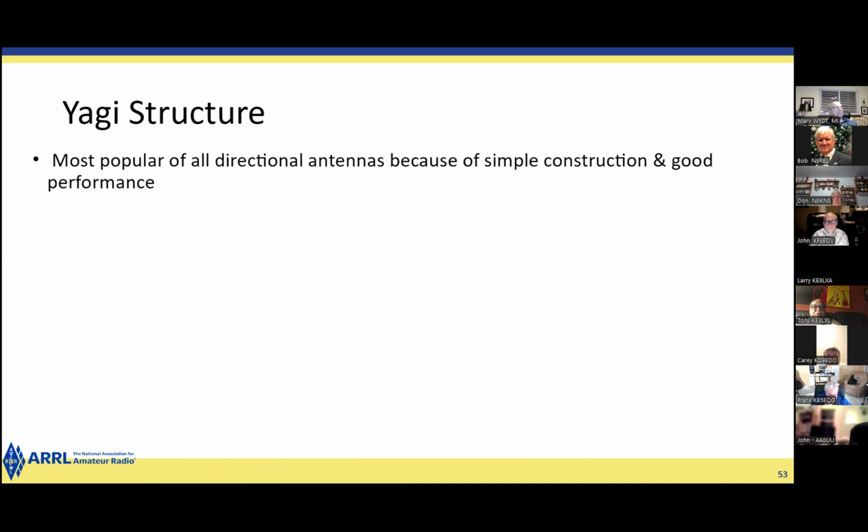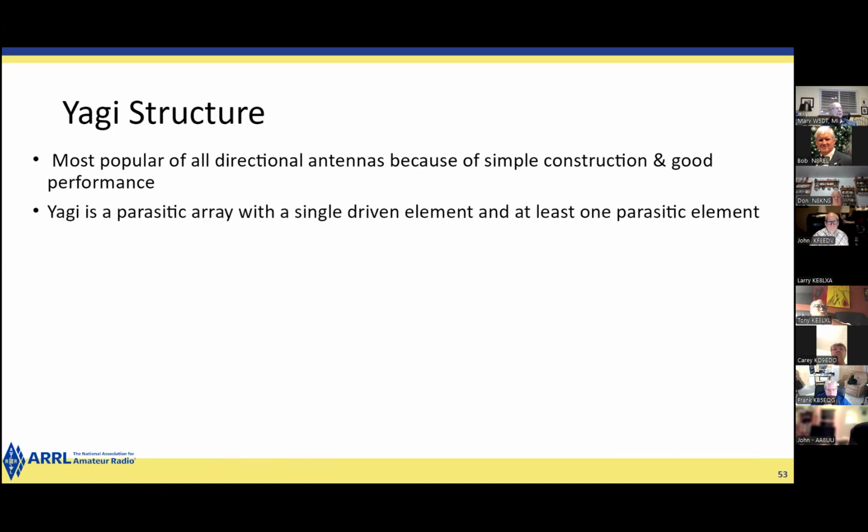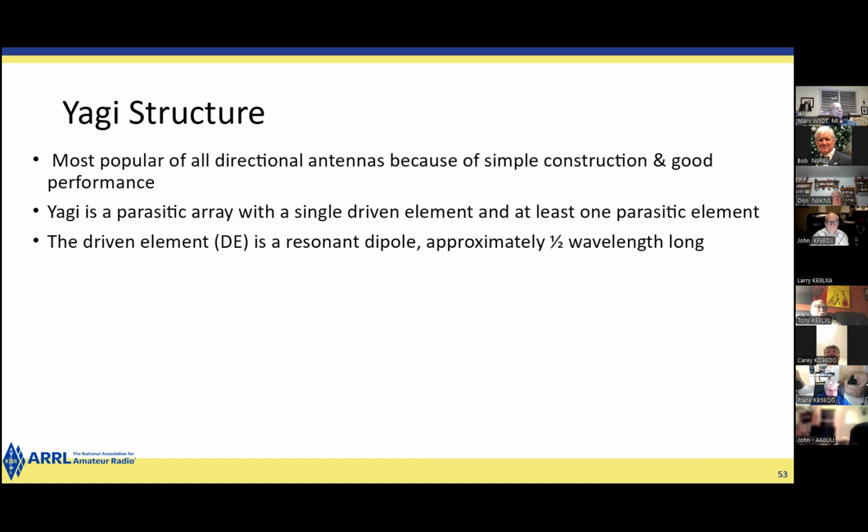The Yagi structure is the most popular of all the directional antennas because of its simple construction and good performance. It's a parasitic array with a single driven element and at least one parasitic element. The driven element is a resonant dipole, approximately 1/2 wavelength long.